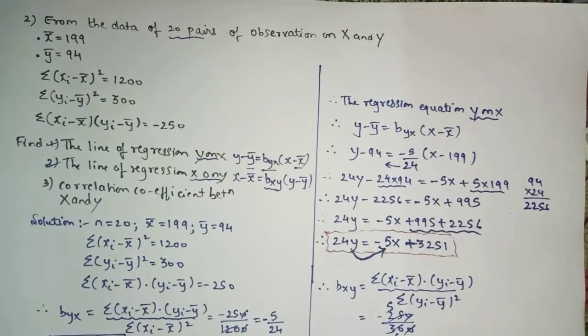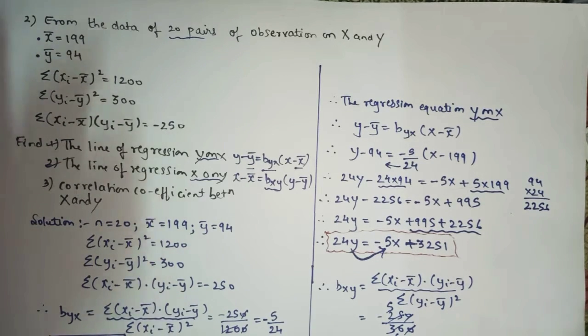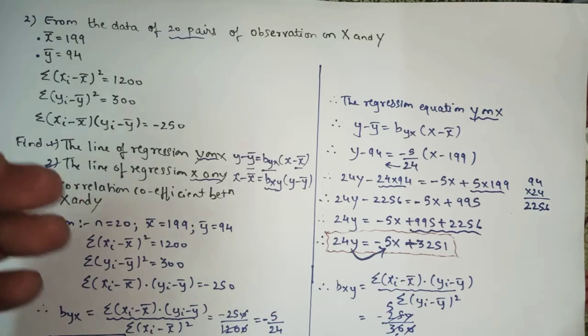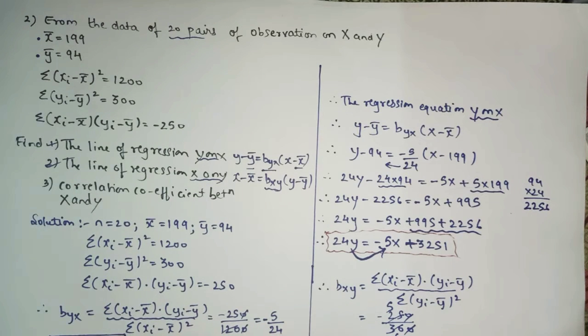Now let's move on to the next one, the third one. The third one of exercise 3.2 is a very important sum for 4 marks. In 3.2, when you see each and every sum, out of 10 sums, 7 to 8 are proper 4 marks sums.